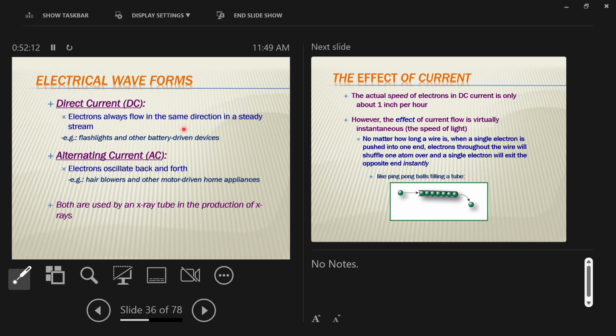So you've got your little battery, a little positive side, a little negative side. You've got a line that comes out of the battery and goes up into a light bulb and then back to the other end of the battery.